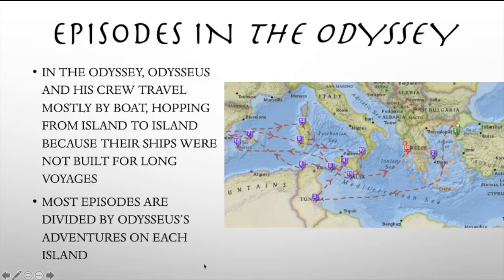And of course, he gets a little bit lost along the way. He gets a little bit sidetracked, and that's all part of the story, part of the adventure. But each episode is really divided up into the different places that he goes and the different interactions and adventures that he has on those different islands.